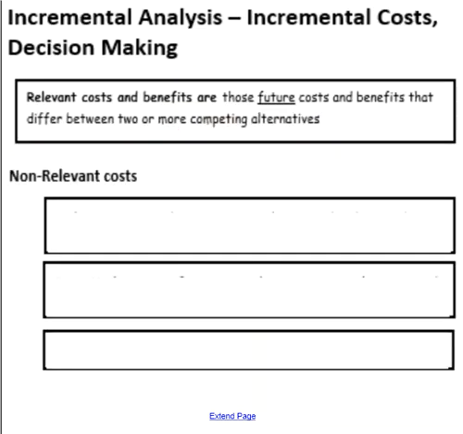Now again, this first slide up top here is simply a reiteration of the definition of relevant costs. Relevant costs and benefits are those future costs and benefits that differ between two or more competing alternatives.